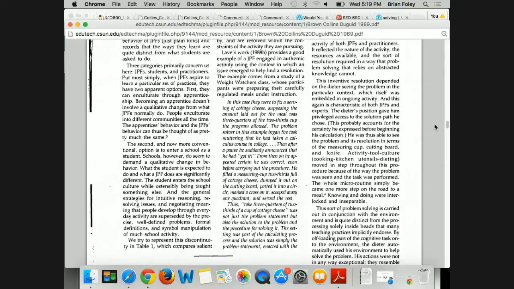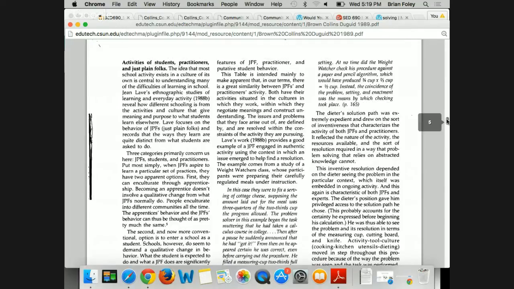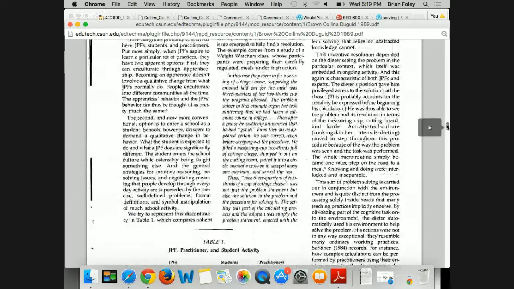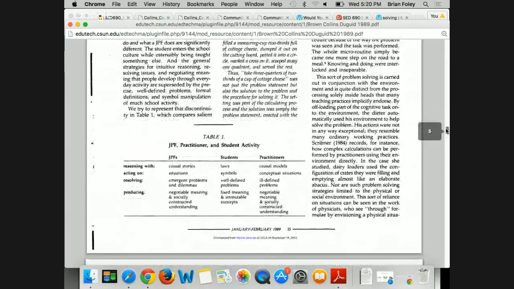So this is the one where they were following people who were in Weight Watchers to figure out how they were solving this problem of taking 3/4 or 2/3. Right. Yeah. So that was an example of how people are developing their own problem-solving techniques and are able to do it, but probably couldn't explain it all that well, right? They could explain that it works, but can't do it mathematically very much.